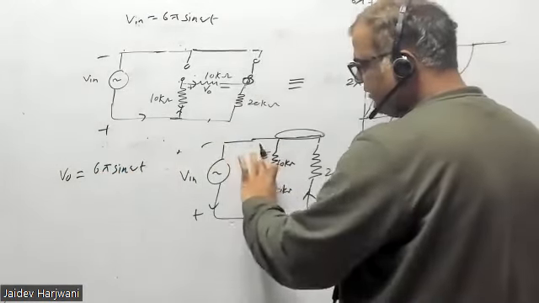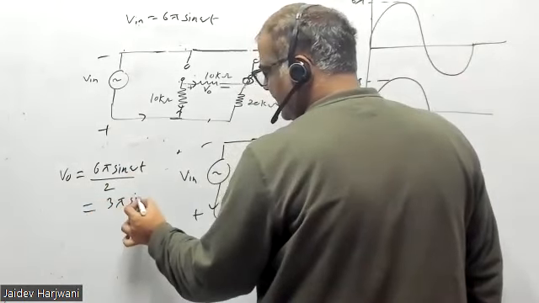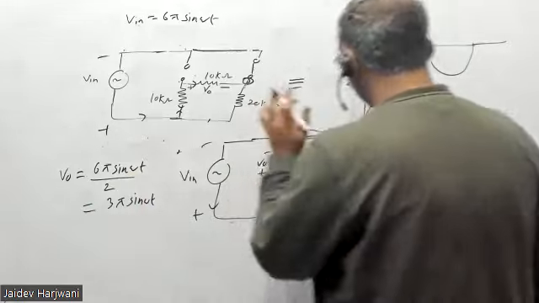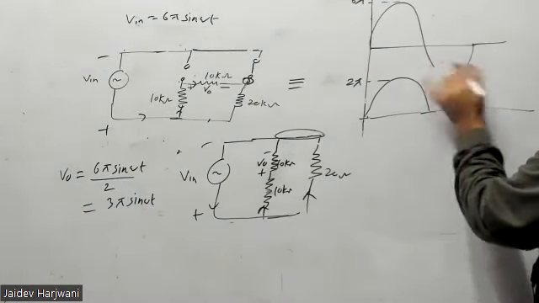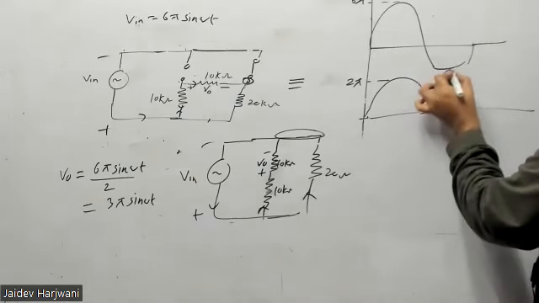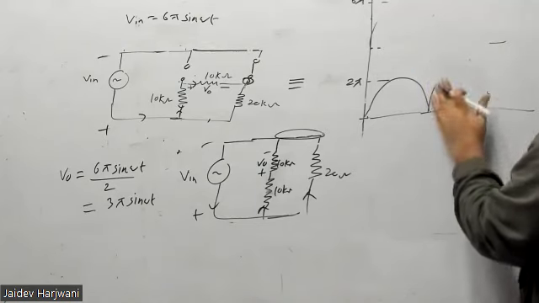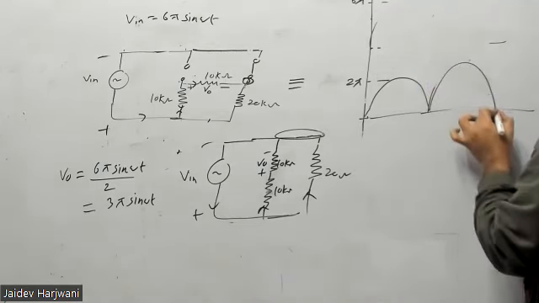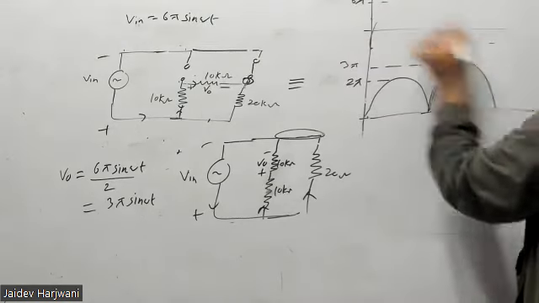Okay, so this is equally divided, so half. So this will be 3 pi sine omega t. And the sign also didn't change. That means let me draw it here. This was 2 pi. Now I'm getting 3 pi like this. Okay, and this is my input.